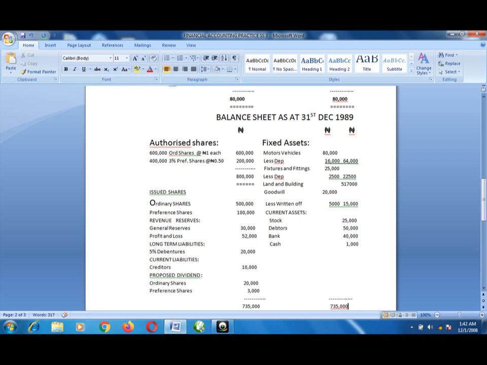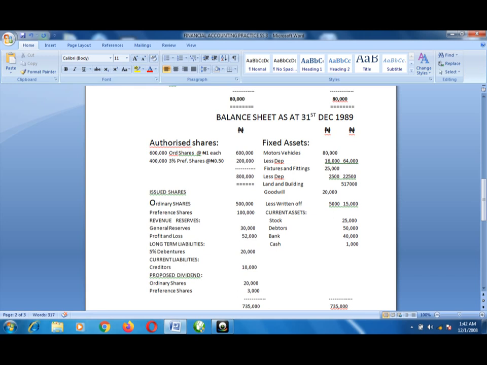That's why when you are preparing the account, immediately you finish the fixed assets, you leave two lines to give room for any adjustment or correction before you move down to the current assets. After the current assets, if you are given a fictitious asset, you leave one line to give room for correction, and you write the fictitious asset.